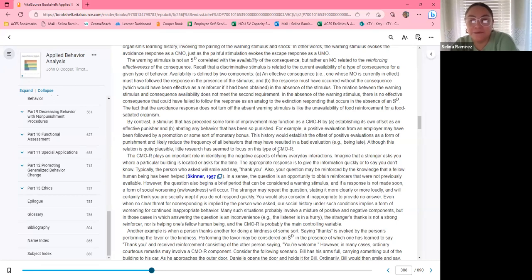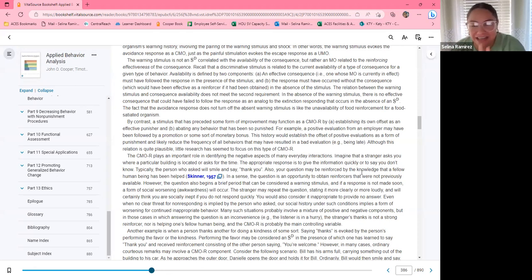This example is also serving as a warning to stay away from bad behavior, because in the past when you got a good evaluation, you got a raise. And so now that is serving as a warning to stay away from bad behavior. And so people get caught up in that, and then they start to confuse themselves. So just don't really worry too much about that, because that's just going to make your brain explode.